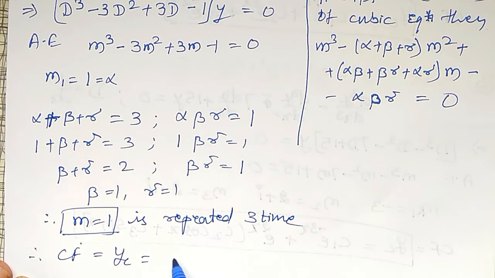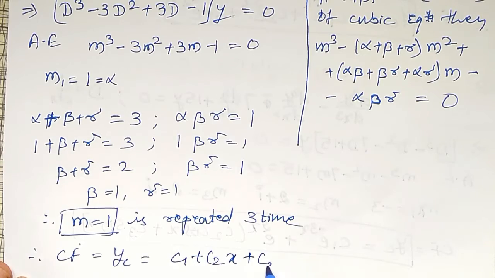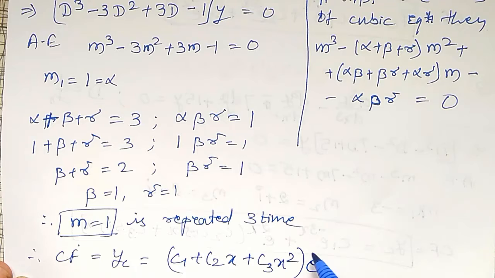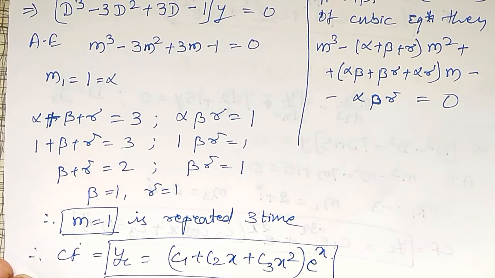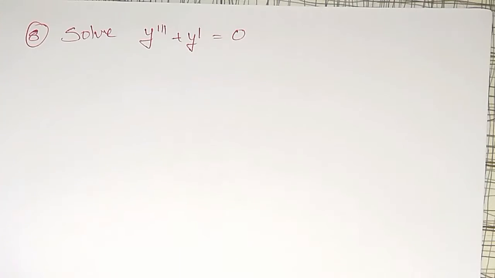If 2 roots are repeated the solution has C1 plus C2 x, and as the third root is also repeated, plus C3 x square. This is how to write the solution if all 3 roots are repeated. Like this, I will solve another example on finding repeated roots.